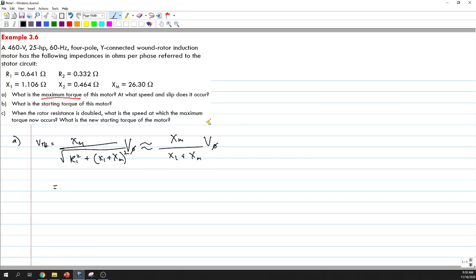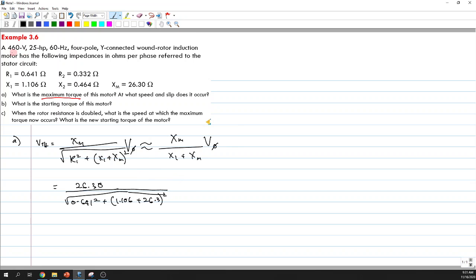So you just enter the information. XM is 26.3 over the square root of R1, which is 0.641, squared, plus X1, which is 1.106, plus 26.3 squared. Then multiply with the V phase.